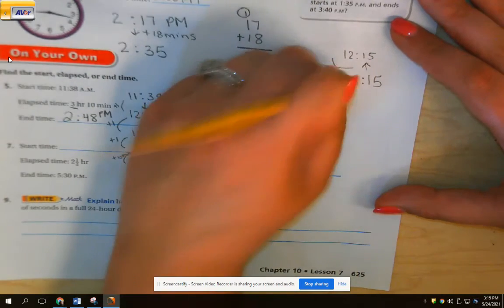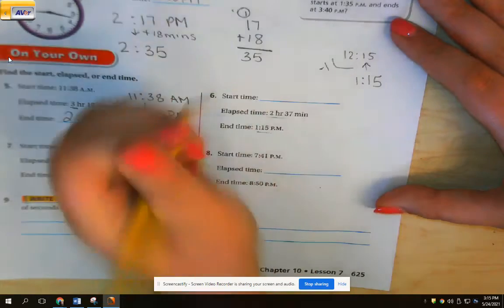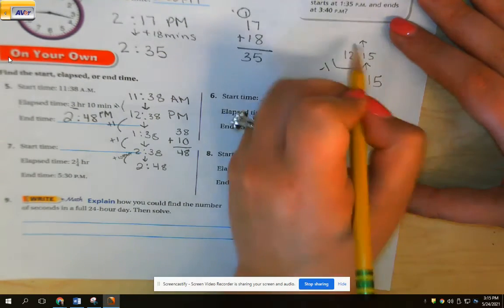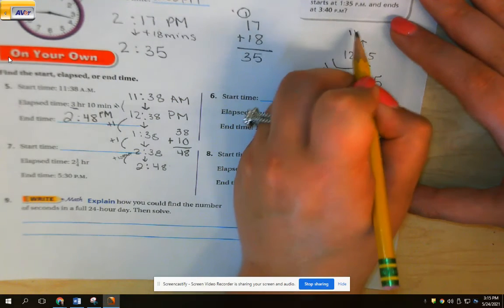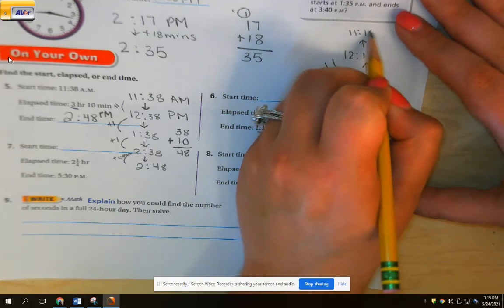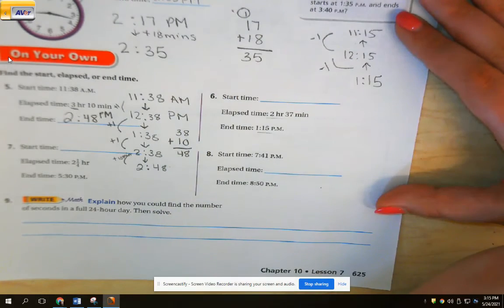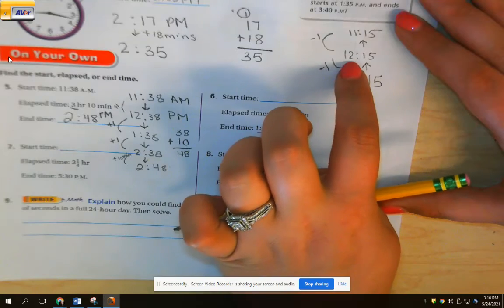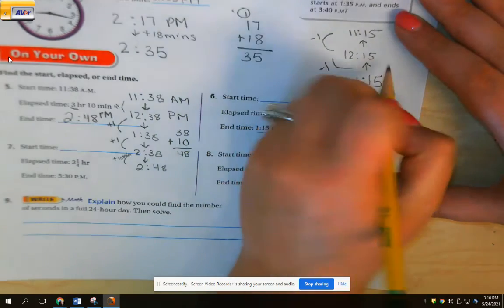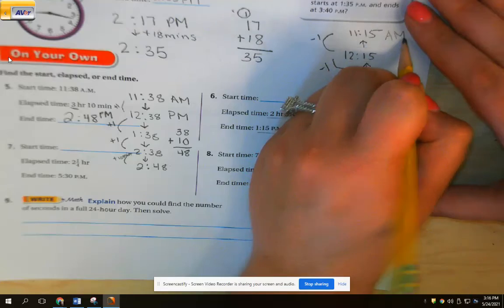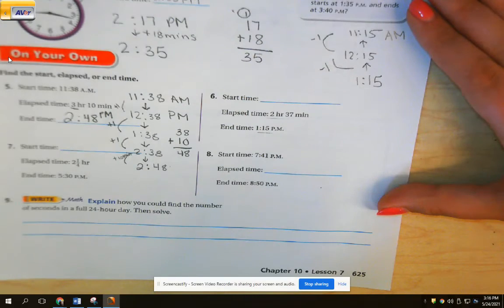So that would be minus 1, not plus 1, minus 1 hour. And then if we go back another hour, it would be 11:15. Because we went behind 12 o'clock, we switched to AM. So we did our hours.